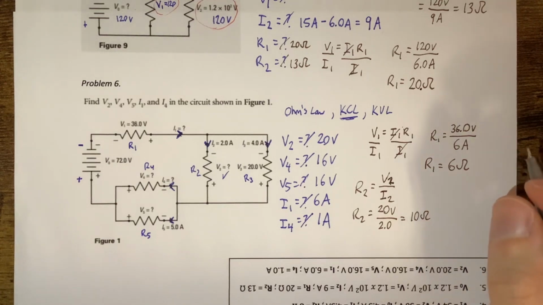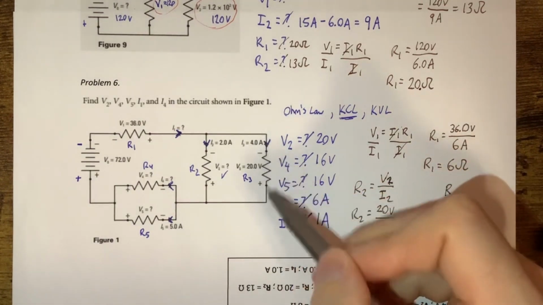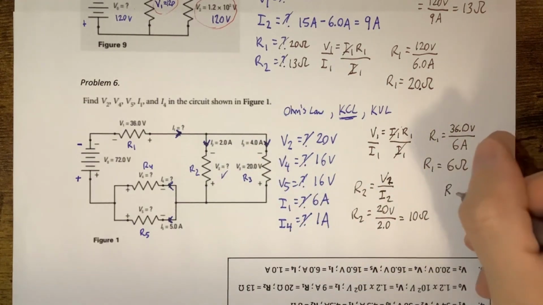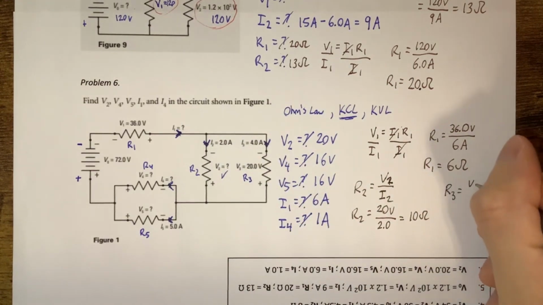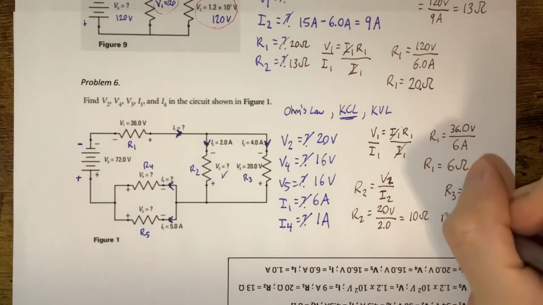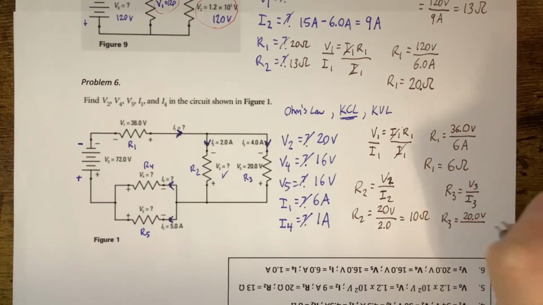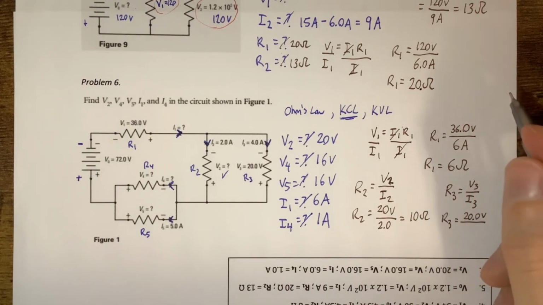Probably going to run out of space here, but let's do R3. See if that validates how fun this water slide is compared to this one. So our R3 is going to be V3 over I3. Okay, so R3, that's going to be your, again, 20 or 20.0, right? Doesn't really make a difference there. This is going to go over our current.